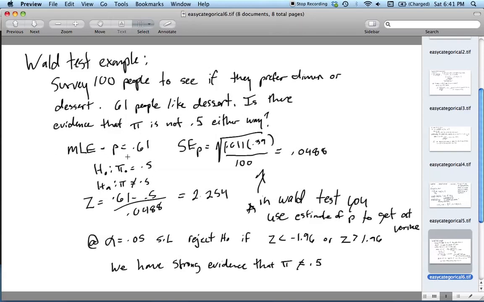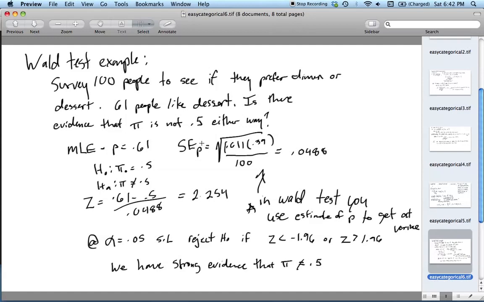Well, the MLE is the sample proportion, which is just 61 over 100, or 0.61. My null hypothesis is that pi, and we'll call it pi naught, is equal to 0.5. My alternative hypothesis is that it is not. I can go ahead and calculate the standard error of my parameter estimate.